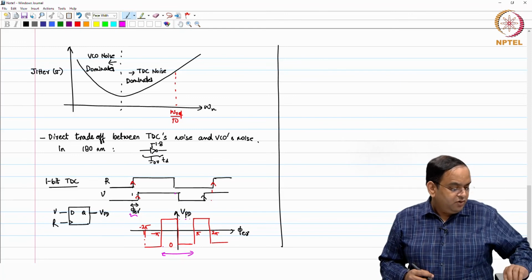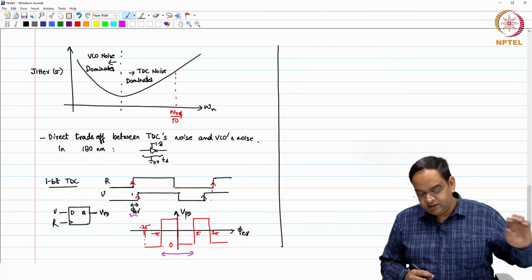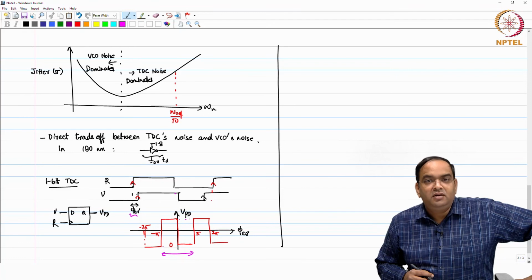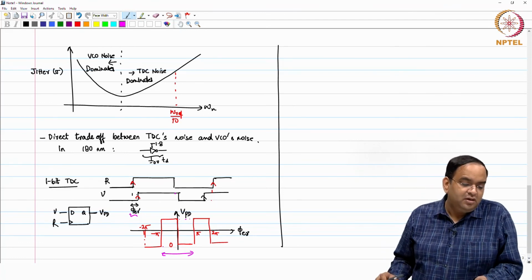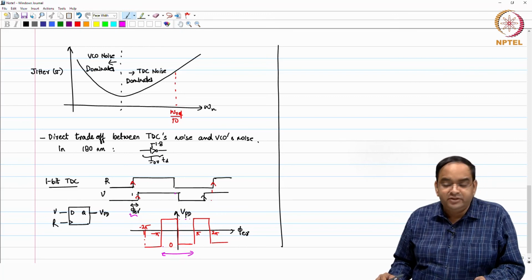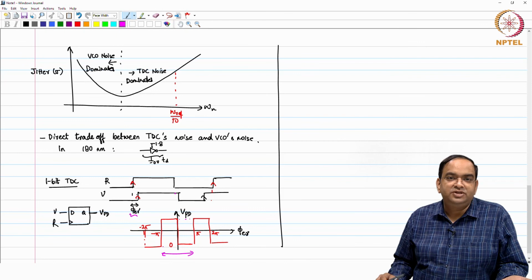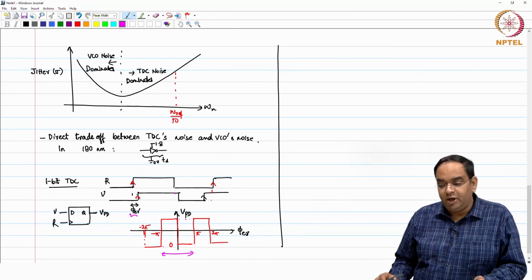So, what you find here is that the TDC is one of the main culprits in degrading the performance of digital PLLs. Either they have a very large power consumption and good resolution, or they have very poor resolution and good power consumption. So, overall it becomes a problem.